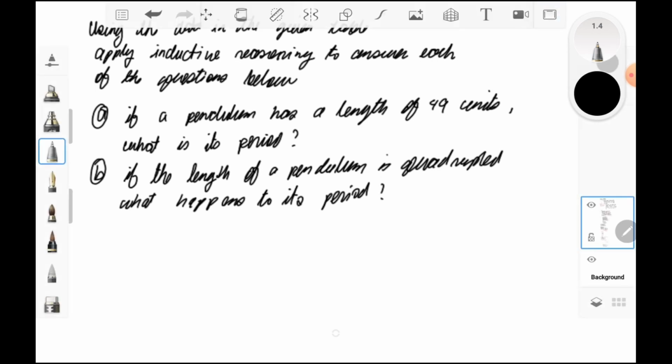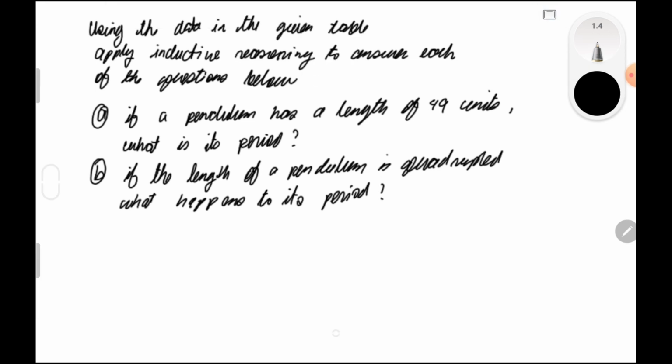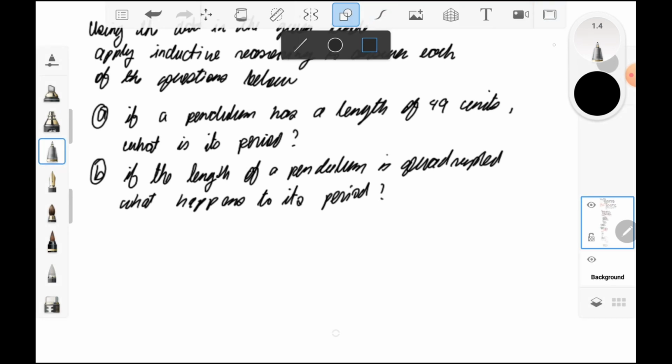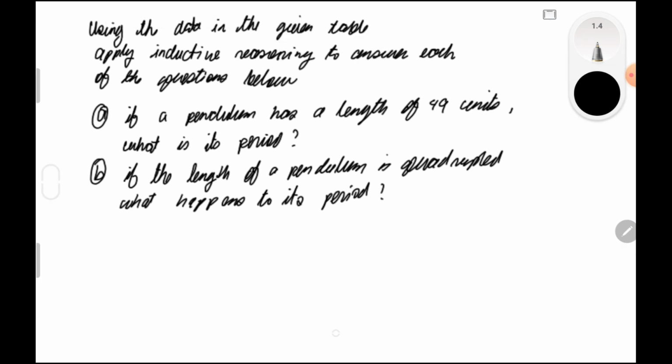Okay. So, pag gagawa tayong table, ganito yung table ng pendulum at yung period niya in heartbeats. Okay?